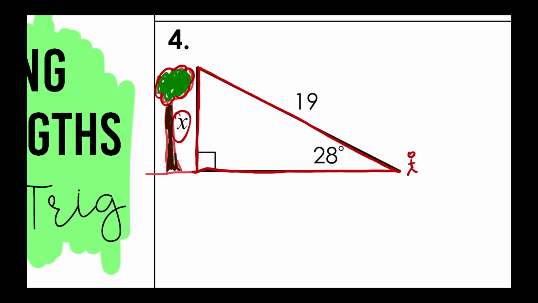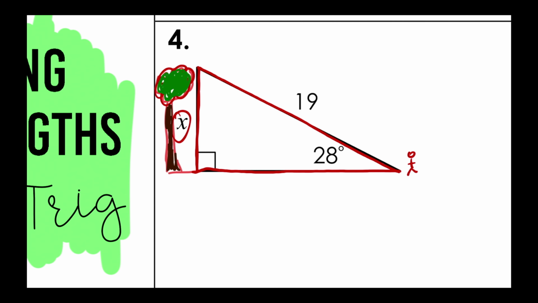Okay, so imagine that this is the ground. This is me standing here. My line of sight from the ground all the way up to the top of the tree forms a 28-degree angle. And then straight down, that's a right angle. And then from the bottom of the tree to me, there's a distance. Okay, there's my right triangle.